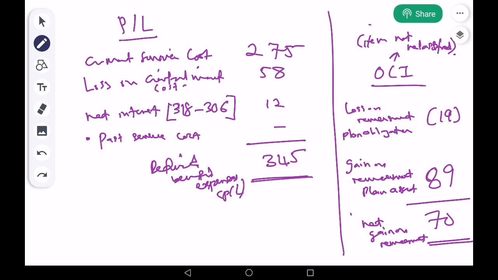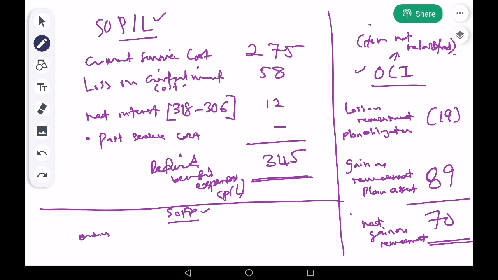So class, how about SOFP? Now you have your SOPL and OCI. For SOFP, we only do a presentation on net. As you can see here, we compare to the ending balance only, plan asset and plan obligation. What is the ending balance?